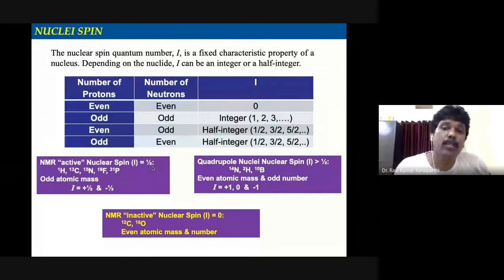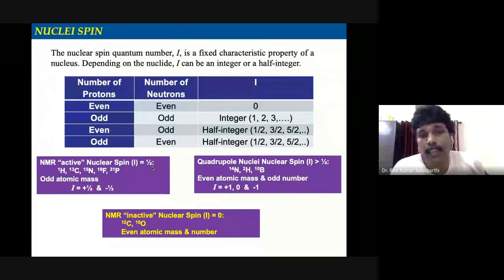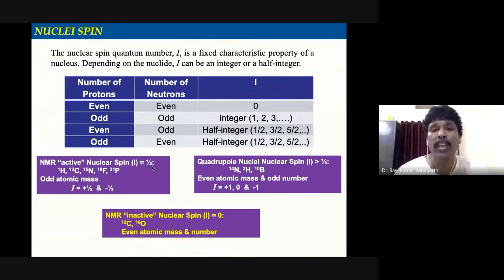So if somebody asks which one is NMR active and which is inactive, one has to go through the periodic table and find out. There is a nuclear periodic table itself; some periodic tables mention the spin number also. You have to go to it.